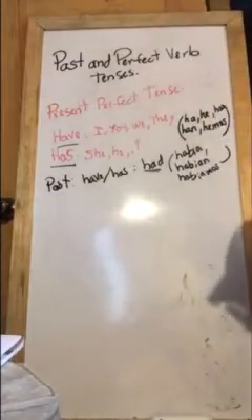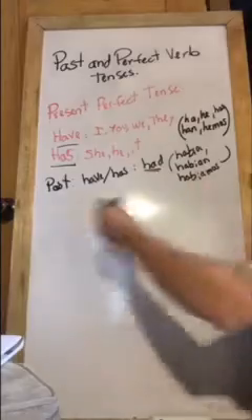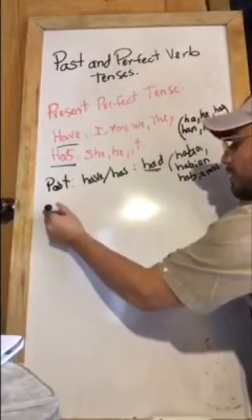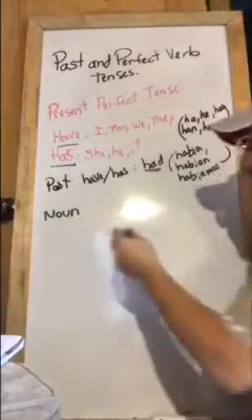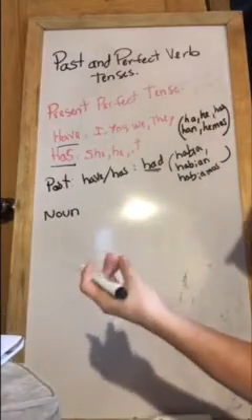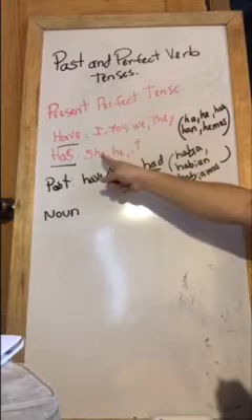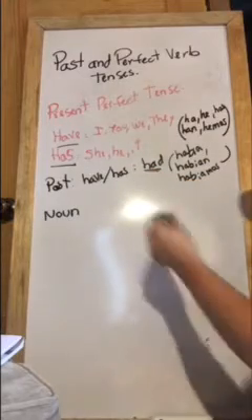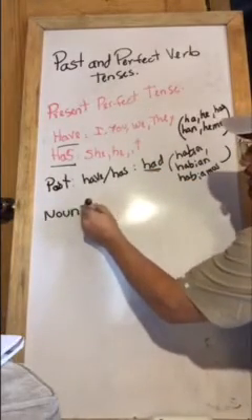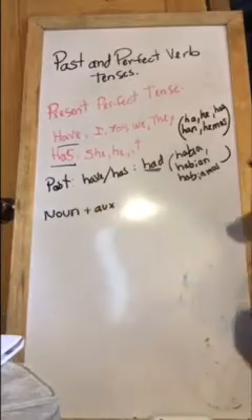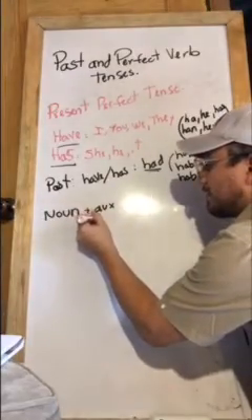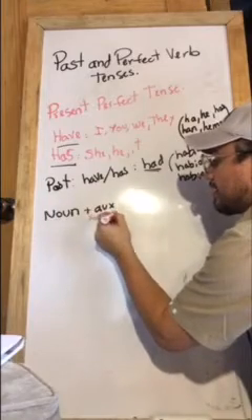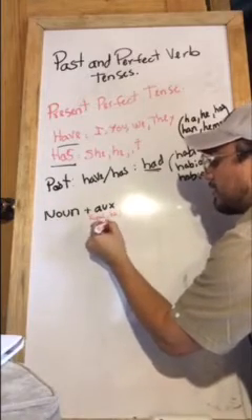Now I'm going to write the formula so we can know how to write it. The first thing that we will write in the formula will be your noun. As always, we start with our nouns, okay? Your nouns will be I, you, we, they, she, he, and it. Plus your auxiliary. In this case, your auxiliary will be have, has, and had.